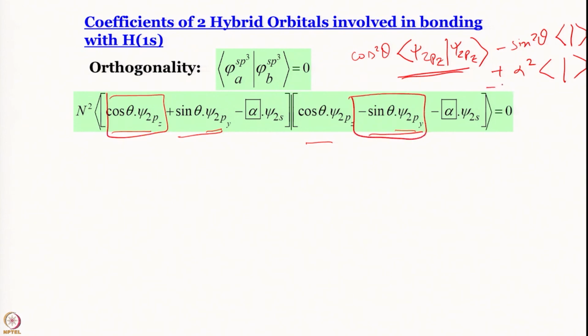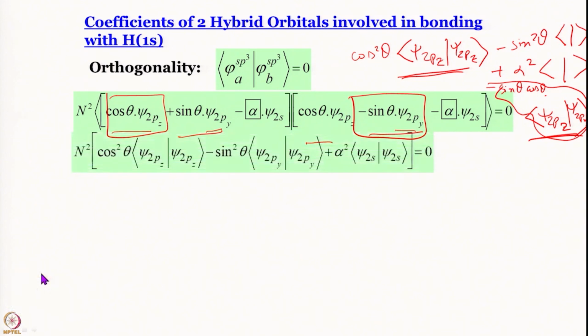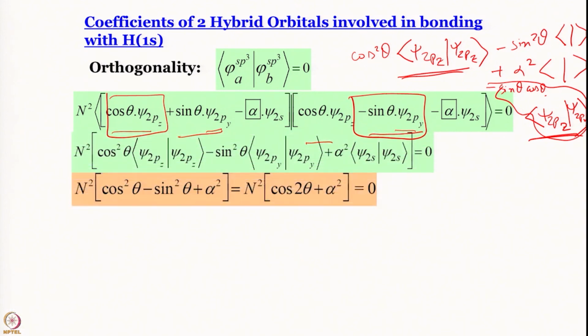You get minus sin theta cos theta multiplied by integral psi 2pz psi 2py over all space, and we know that they are orthogonal. So, this is going to be equal to 0. So, we do not bother about cross terms like those, we simply open the bracket and obtain this expression, and this further simplifies to this.